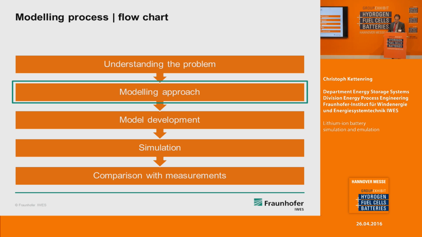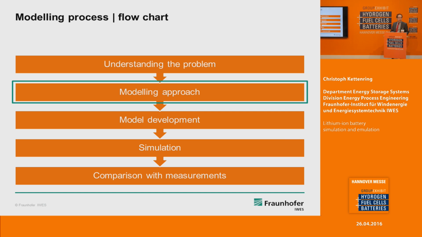There are some different modeling approaches. We speak about 3 different modeling approaches. We have first the black box model. The black box model is a neural network or a fuzzy logic, and it's good because you have a very high performance in the simulation.